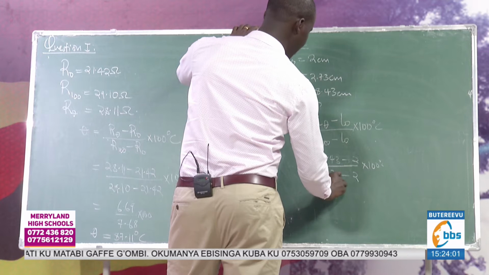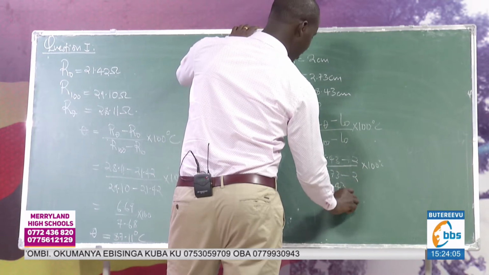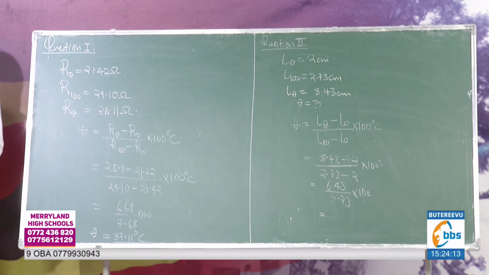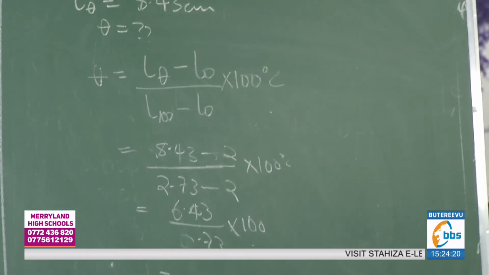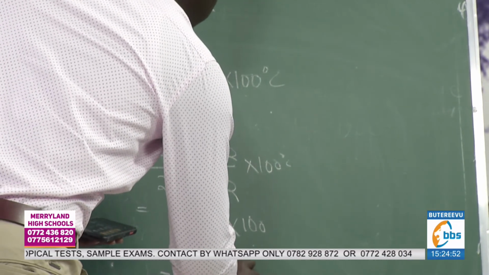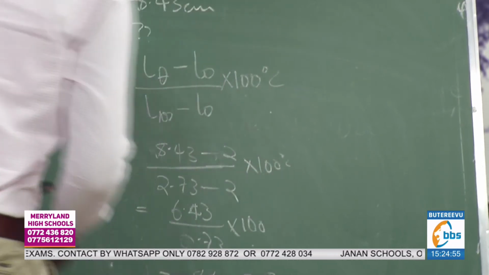This gives me 6.43 divided by 0.73 multiplied with 100, which if you feed into the calculator, 6.43 divided by 0.73 and then multiplied with 100 degrees, here I'm getting a temperature of around 880.82 degrees C.